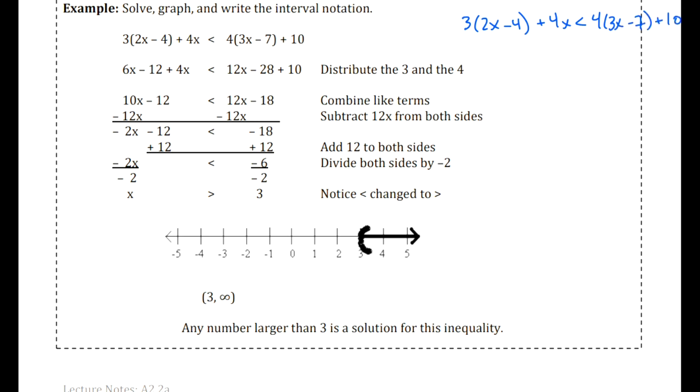So we begin by distributing. We break up those parentheses on both sides. Then we combine like terms. After we break up the parentheses, we can combine like terms. So the 6x and 4x give us a 10x.